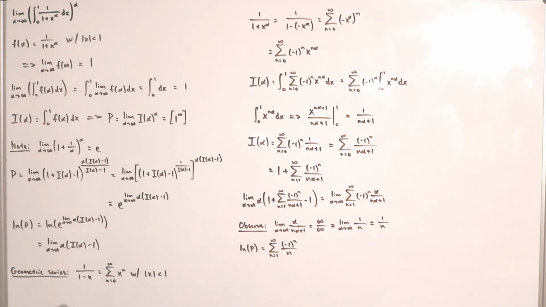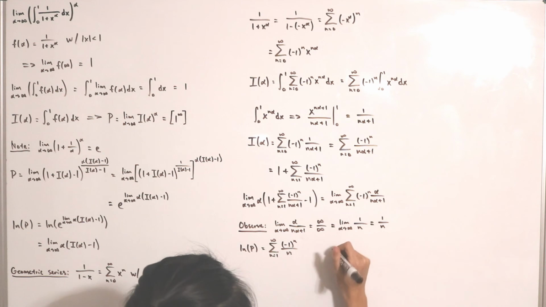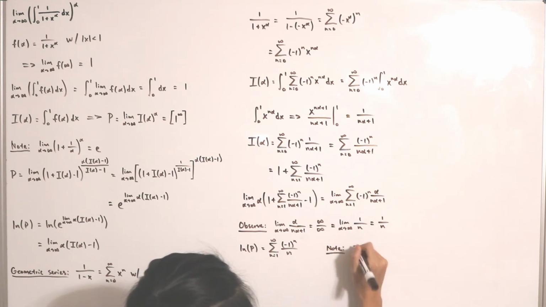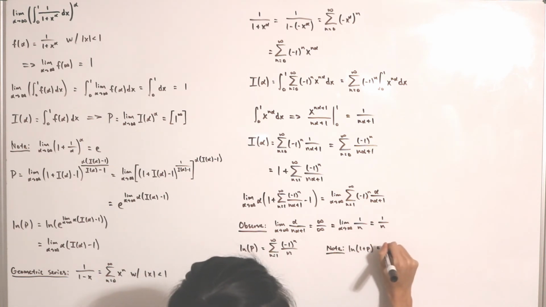Now here's a little note that we're going to use, and we'll be finished solving this problem pretty soon. Note that the natural log of 1 plus p, you can write as its Taylor series.